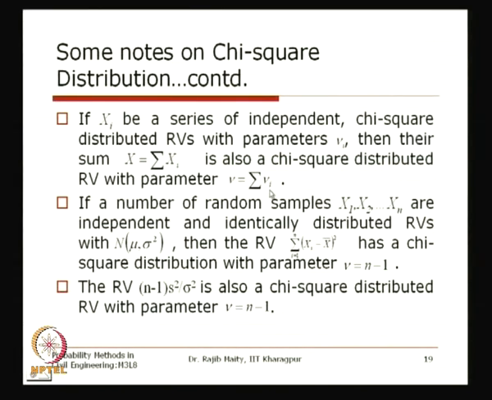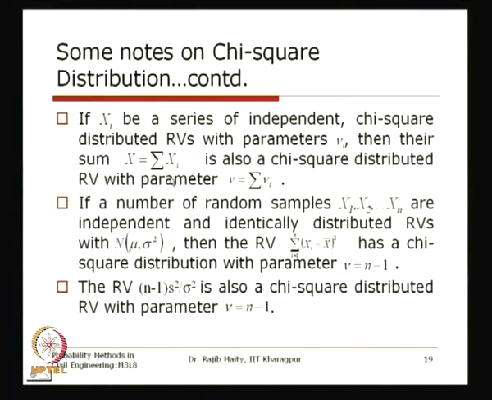So, this is the additive rule for the chi-square distribution: if we add more than one chi-square random variable and we know their degrees of freedom, then we get a new random variable which is also chi-square distributed, and the degrees of freedom for this new random variable is equal to the summation of the degrees of freedom for all those random variables which we added up.